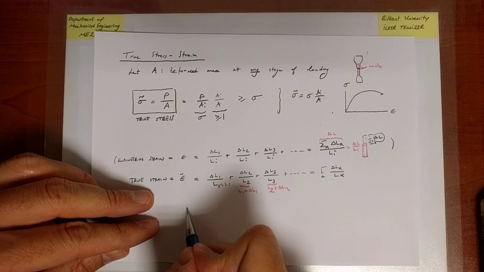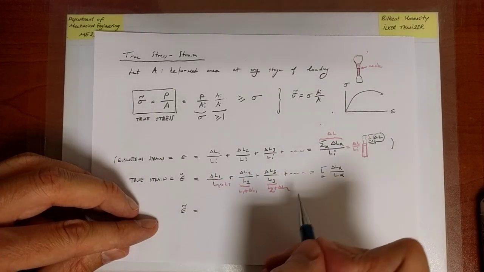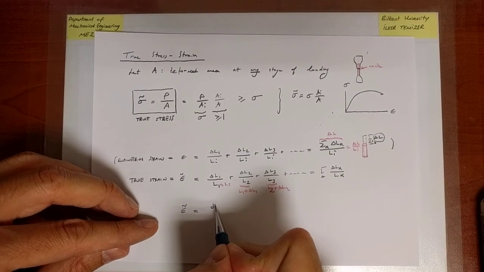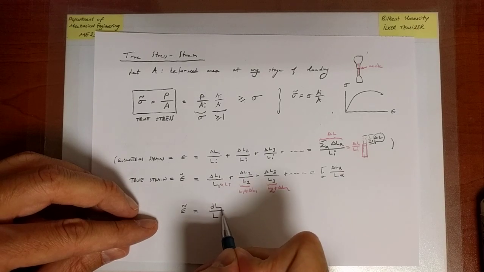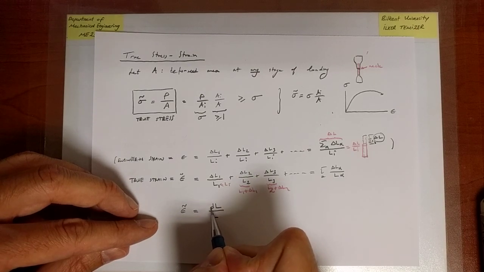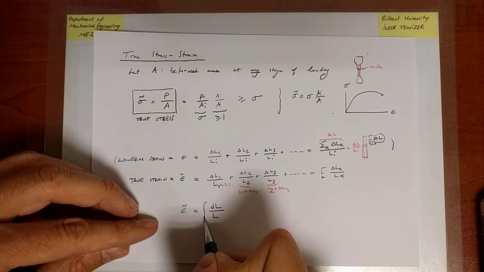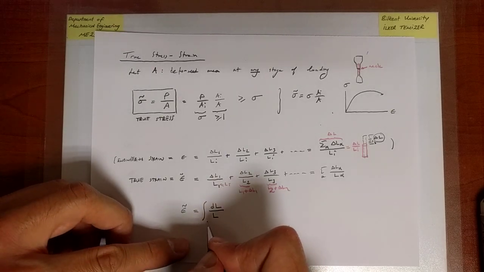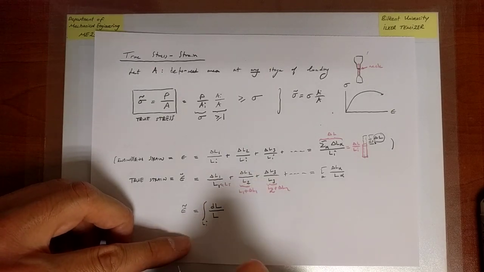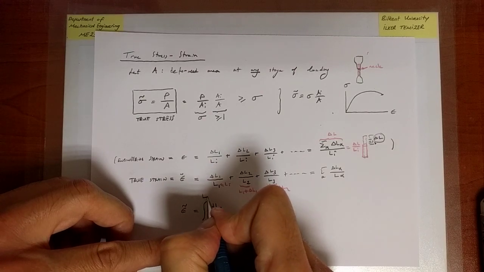And if you do that, essentially, you end up with the expression for true strain, which is the sum over many incremental steps divided by the current length of the specimen. Because the steps are infinitesimally small, the overall sum is replaced by an integral, and that integral goes from the initial length to the final length of the specimen.